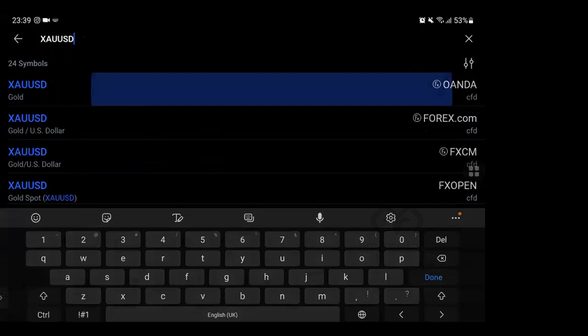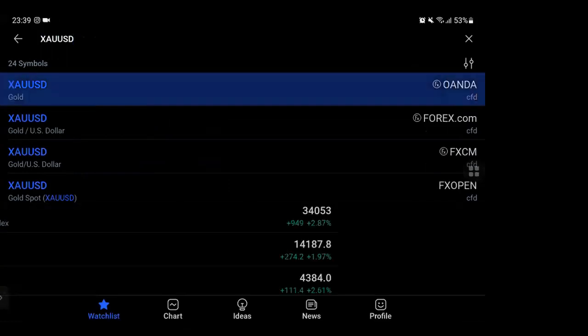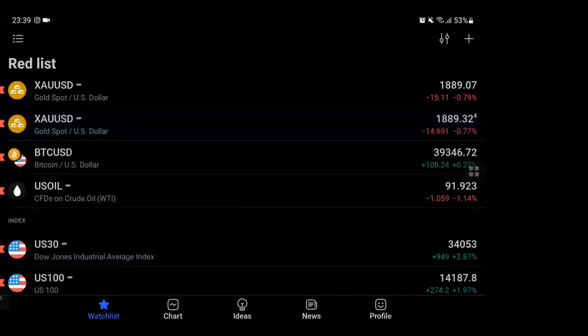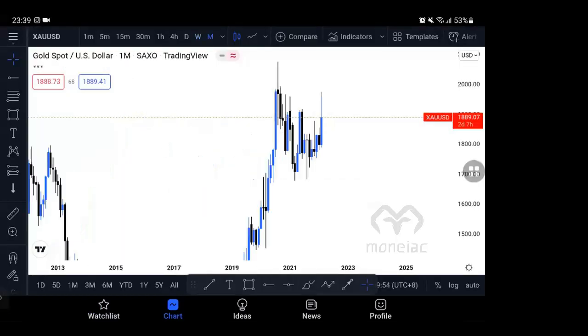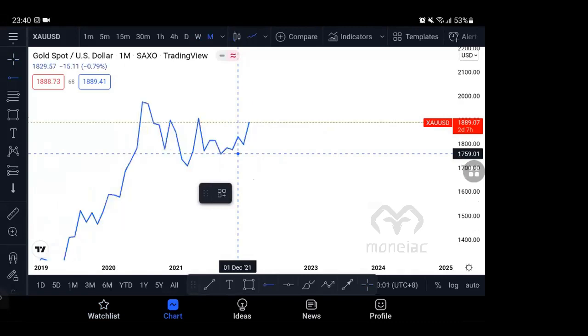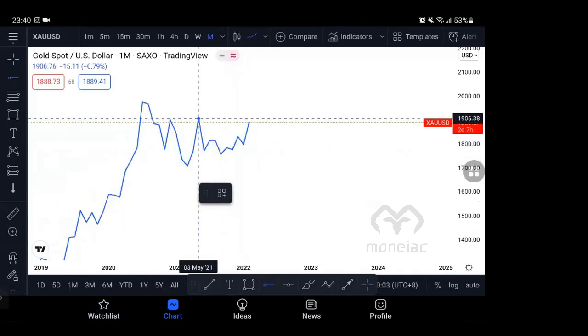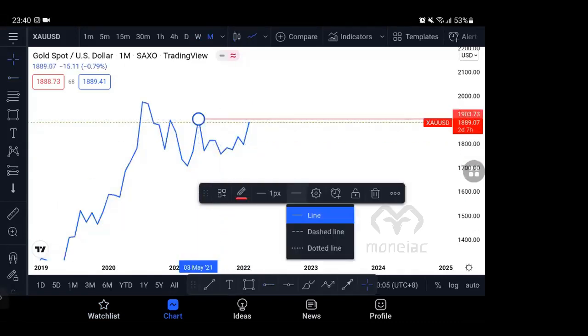Okay, we are looking at weekly, so change it to monthly. If this broker is using the same time, then it should look the same.